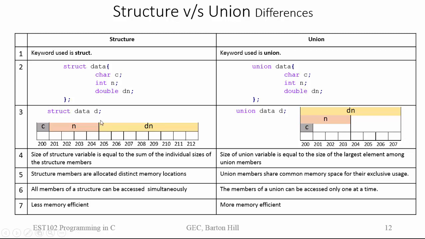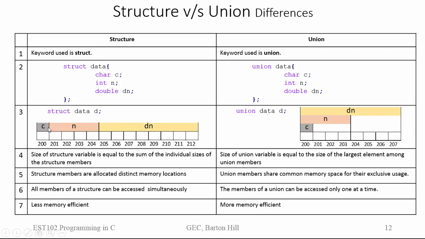These facts are explained in the differences below. The size of the structure variable is equal to the sum of the individual sizes of its members, but in the case of union, it is the size of the largest element. In a structure, distinct memory locations are allocated for distinct members, but in a union, a common memory space is allocated for all the members.